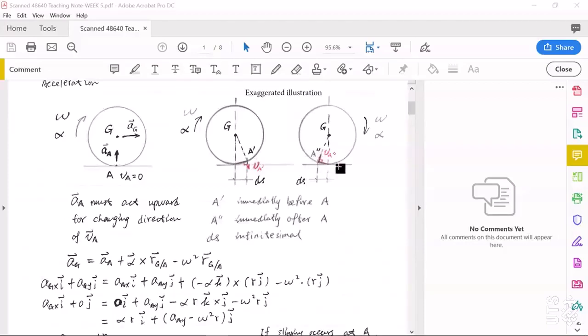But the y component of AA is not 0. It suddenly changes the direction of velocity at point A from downward at point A prime to upward at point A double prime.